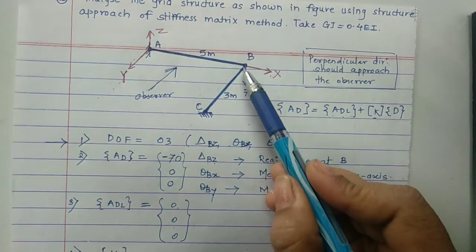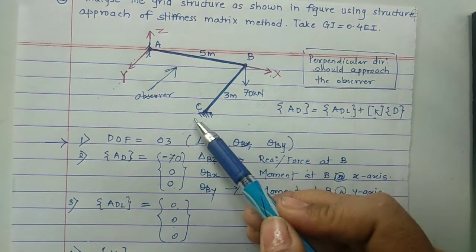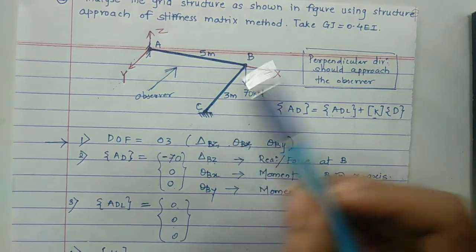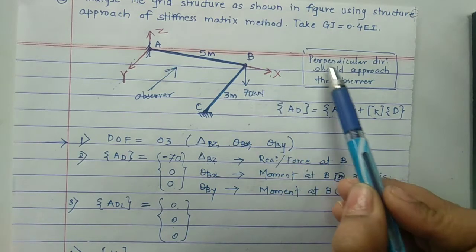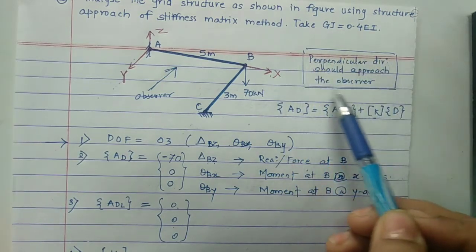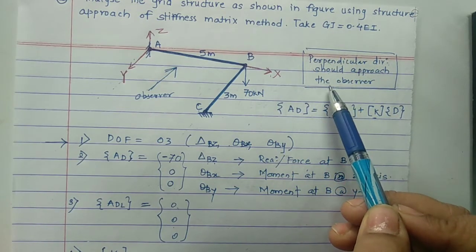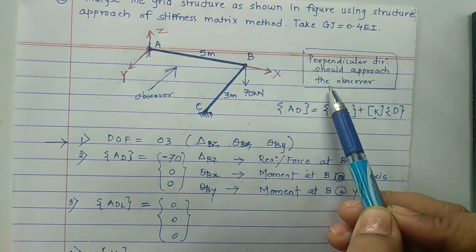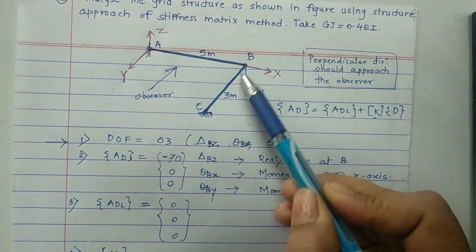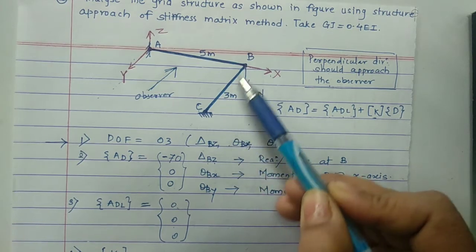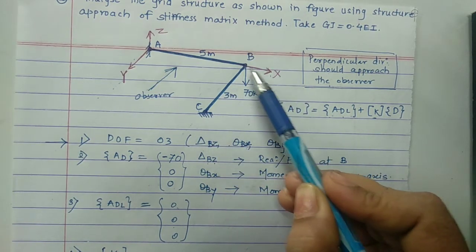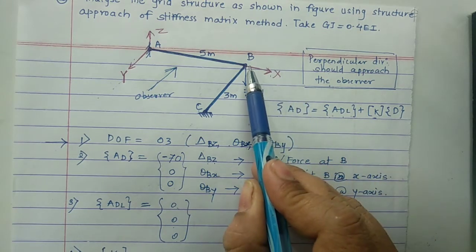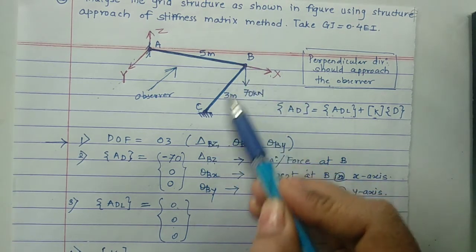Now the second member, BC. Generally our practice is to say B to C, according to alphabetical order. But now if you apply this note, that the perpendicular direction should approach the observer, how do we read that member? See, member BC is parallel to the y axis, that is, along the y axis, and the axis perpendicular to it is this x axis.